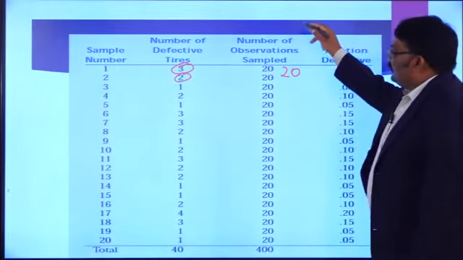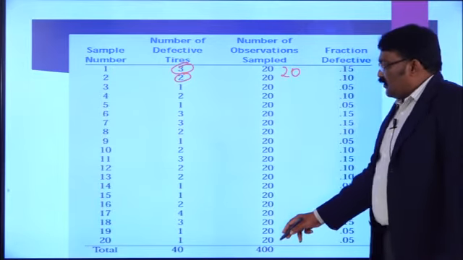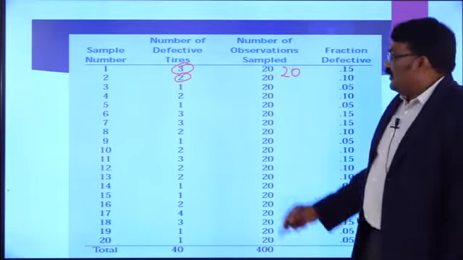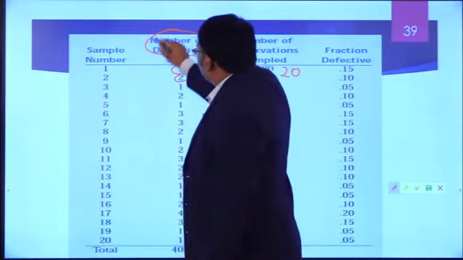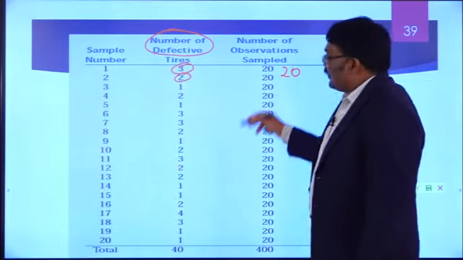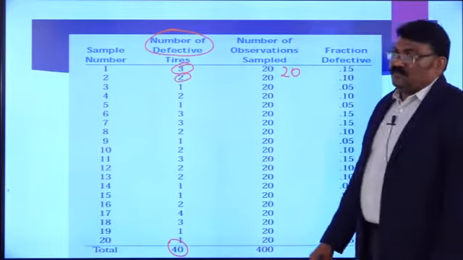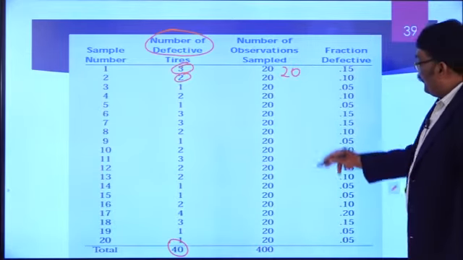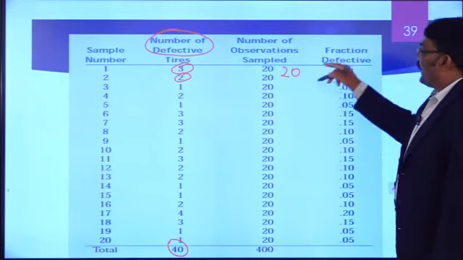Like this, the total of 20 samples of 20 gives us 400 observations, and similarly we are supposed to identify the defects. Since we are trying to identify the number of defects, the summation of that will be done, and with this we are also supposed to identify the fraction of defect.